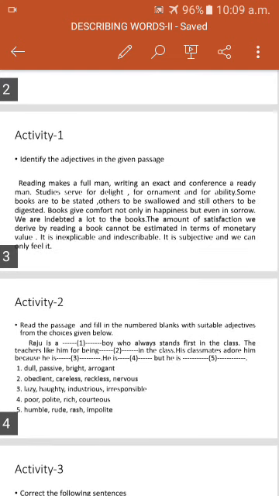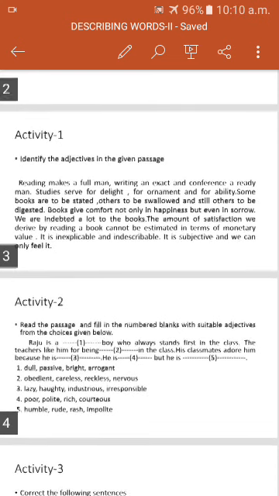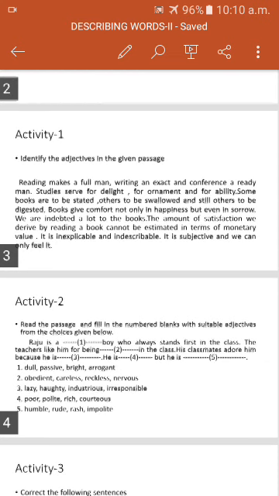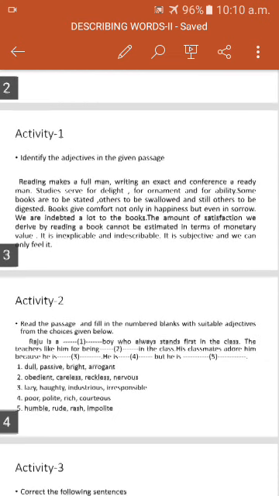Some books are to be tasted, others are to be swallowed, and still others are to be digested. Books give comfort not only in the happiness but even in sorrow. We are indebted a lot to the books. The amount of satisfaction we derive by reading a book cannot be estimated in terms of monetary value.